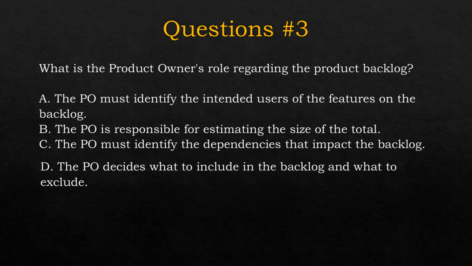The product owner's role is to manage the product backlog. B: the PO is responsible for estimating the size of the total. No, this is the role of the team. C: the PO must identify the dependencies that impact the backlog. This could be the right answer. Let's evaluate D first. The PO decides what to include in the backlog and what to exclude. This is also not the right answer, because all the items which are pending or due for completion are a part of the backlog. So C is the right answer.